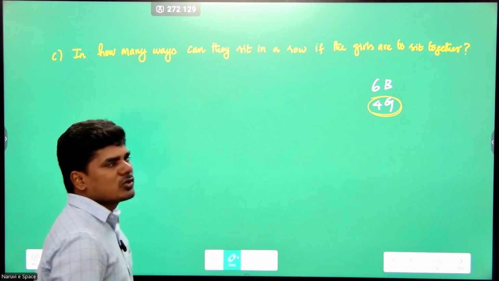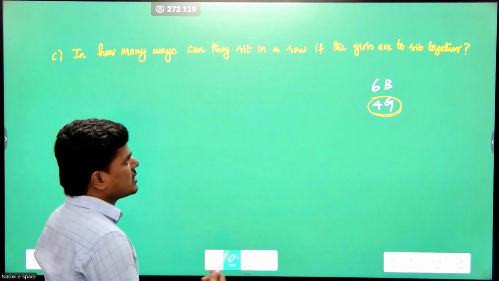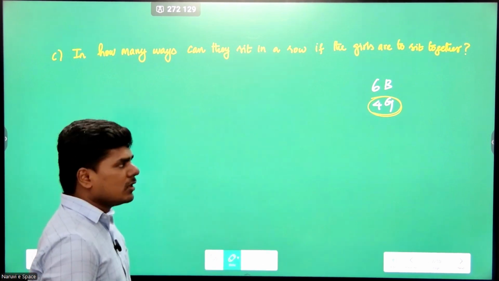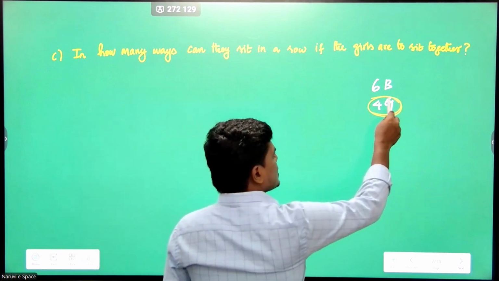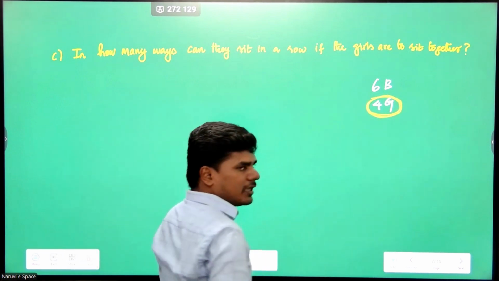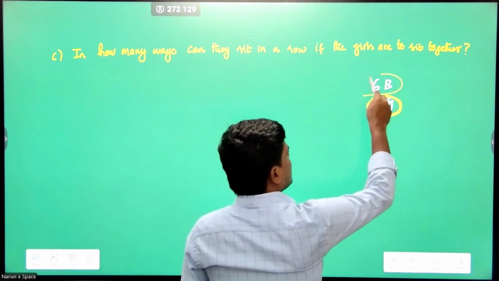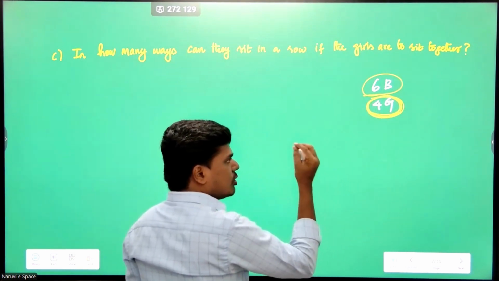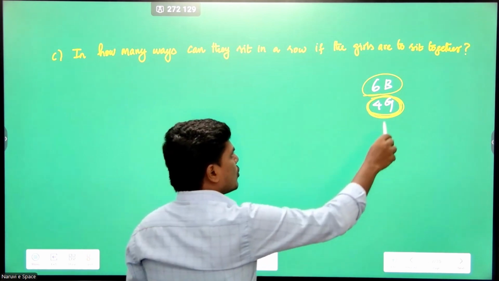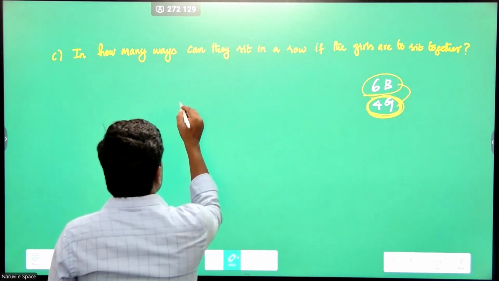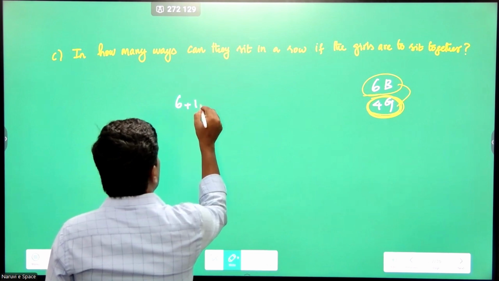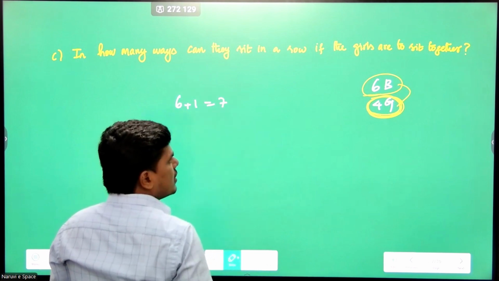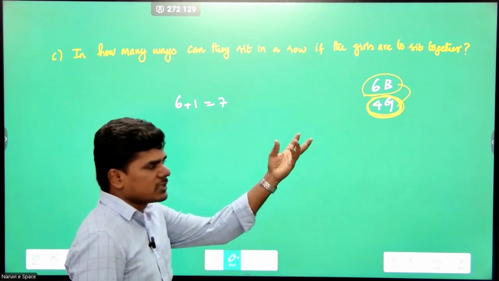In this case, how many ways can we arrange them? The girls you consider as one entity. The 6 boys are individual, therefore totally 6 plus 1, it is going to be 7 members we can consider.